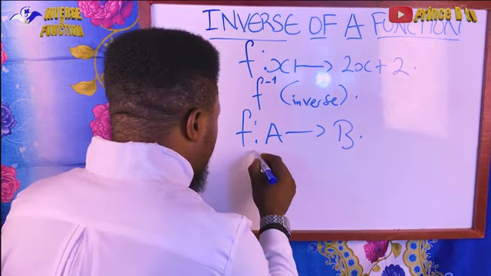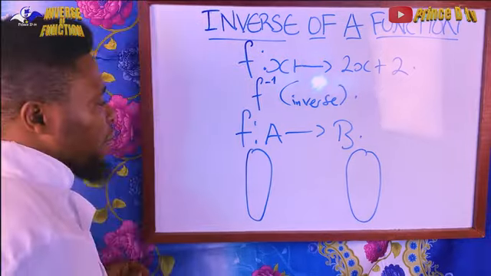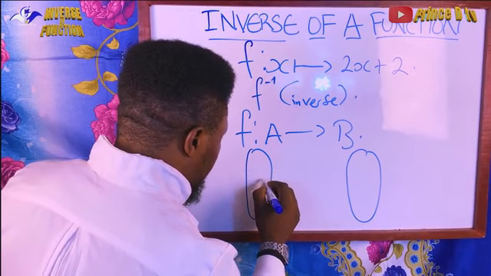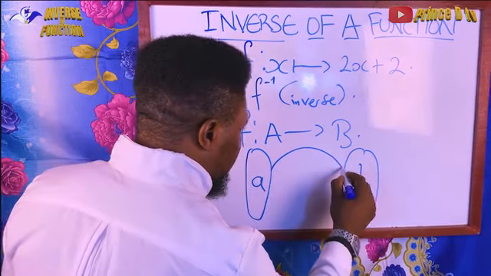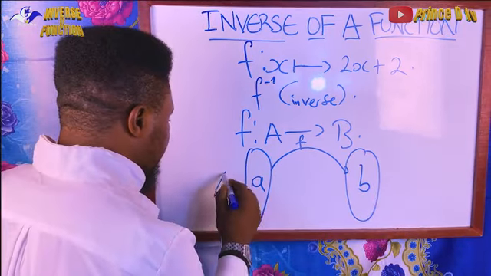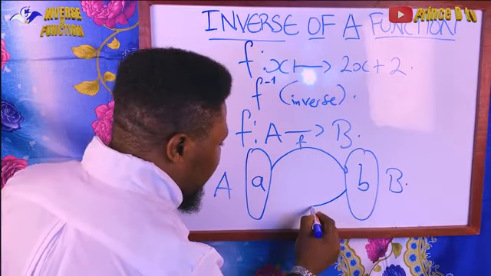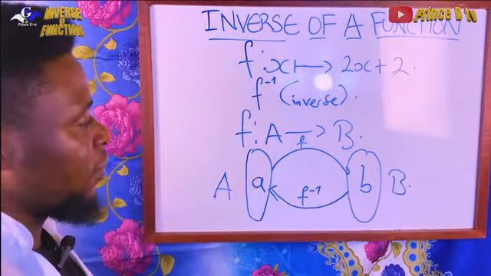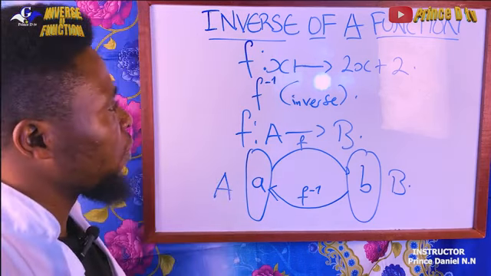Using arrow diagrams, for example, let's say A and B. So this is a function f where a maps onto b. This is set A and this is set B. Now the inverse is simply looking for a rule to map those elements of B back. So this will be the f inverse. That's the general idea when we talk of the inverse of a function.